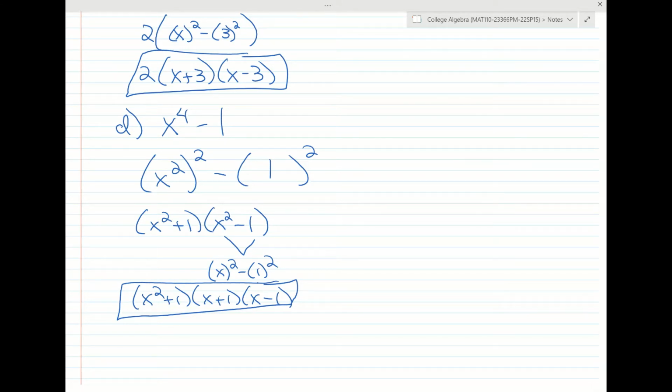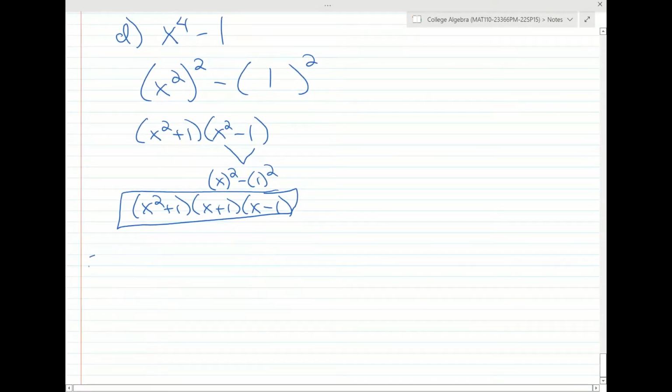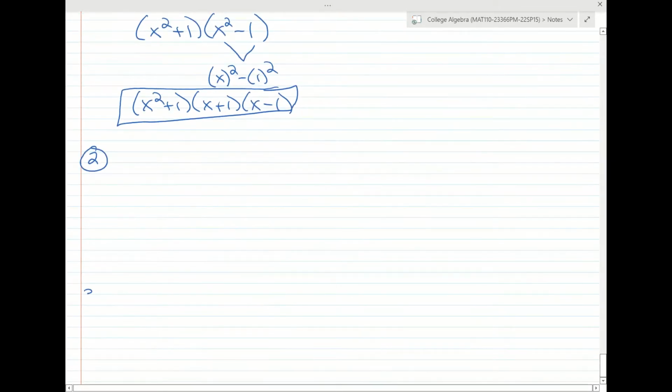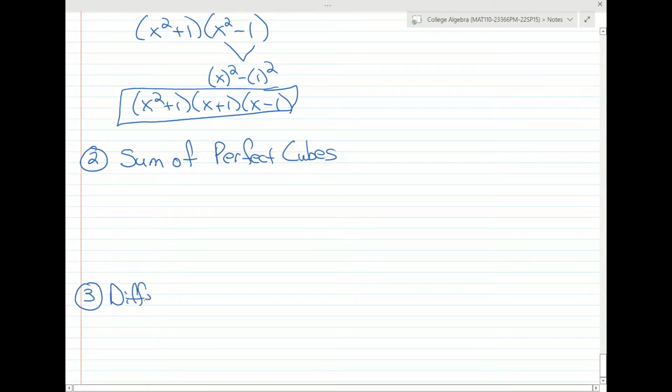All right, so we have a couple more cases to talk about. I'm going to actually do them at the same time. So we have a sum of perfect cubes, and we have a difference of perfect cubes.